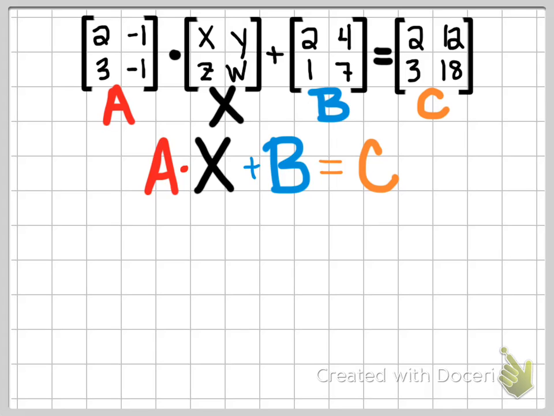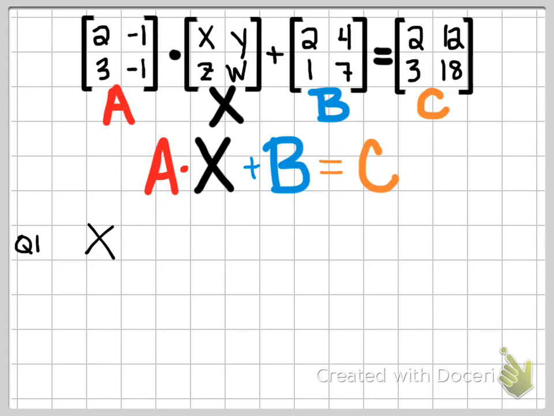The matrix equation behaves a lot like the equations that we've been solving and building throughout this entire course. And just like we can read it horizontally, we can read it vertically as well.